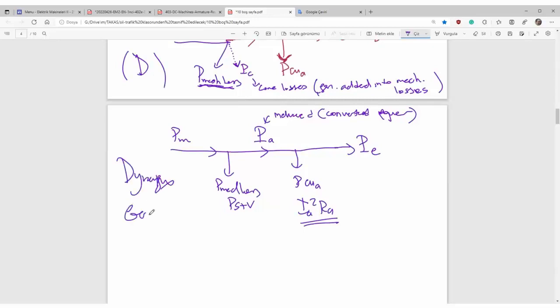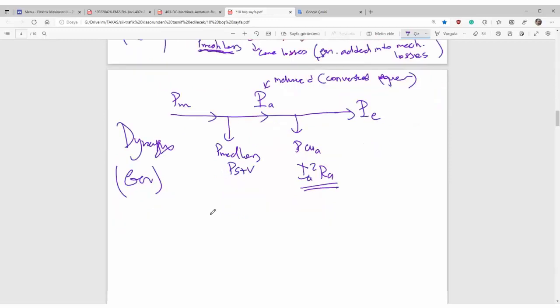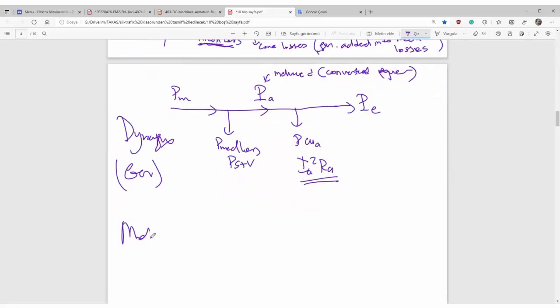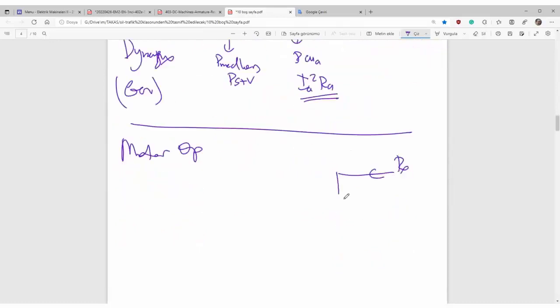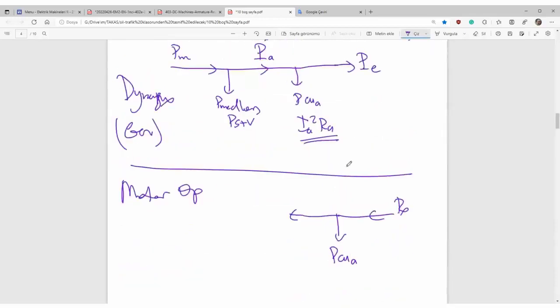In motor operation, you apply electric power. Some of the electric power applied will be lost in copper losses in the armature. The rest becomes armature power, or induced power, converted into the mechanical world.